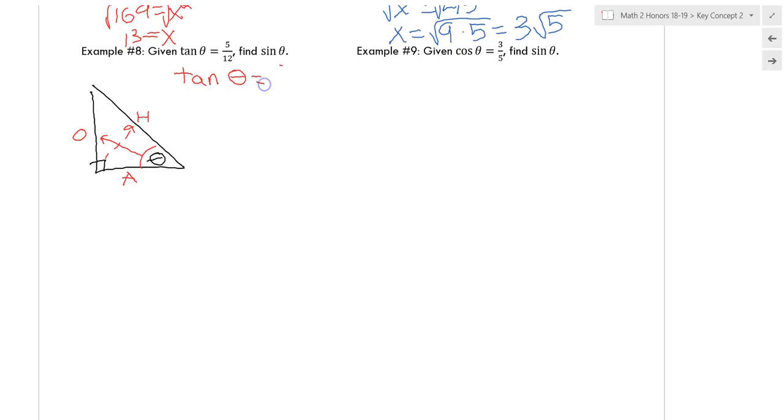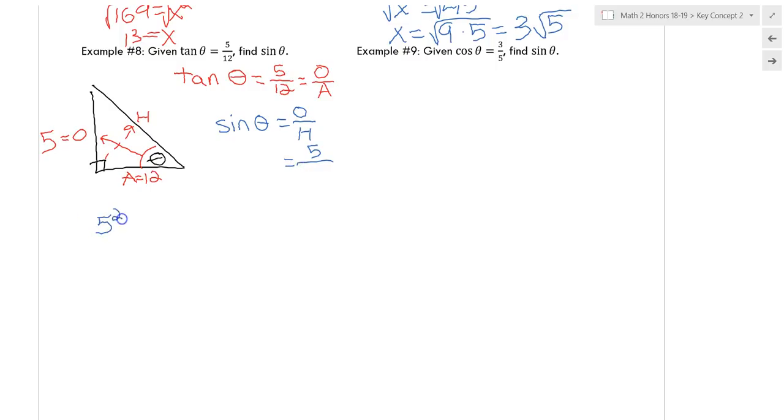And now, I need to use my given information. Tangent of theta is your opposite over your adjacent. So this tells me my opposite side equals 5, and my adjacent side equals 12. I then want to find sine of theta, which equals opposite over hypotenuse, which equals, well, we know 5 over something, right?